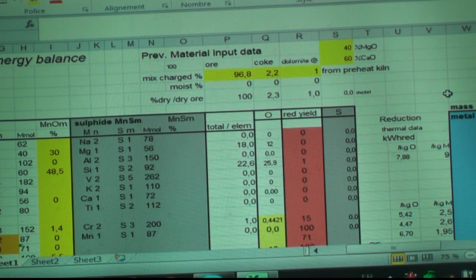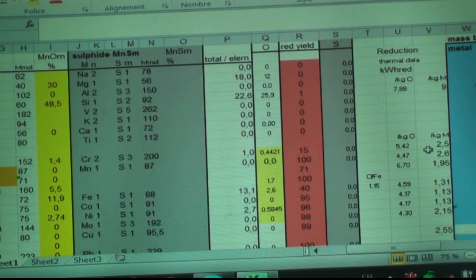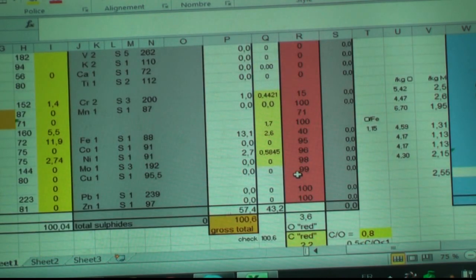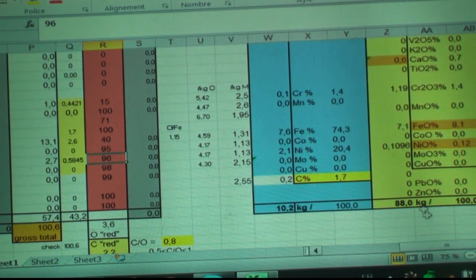And here it's different, because the reduction yield of nickel is very good anyway, 96 percent. To set the yield of nickel, you check that you have about 0.1% NiO in the slag.